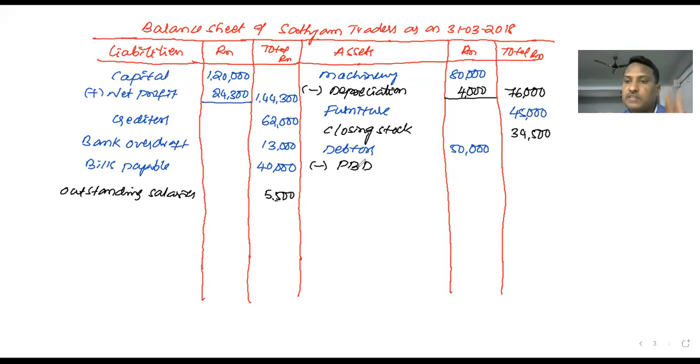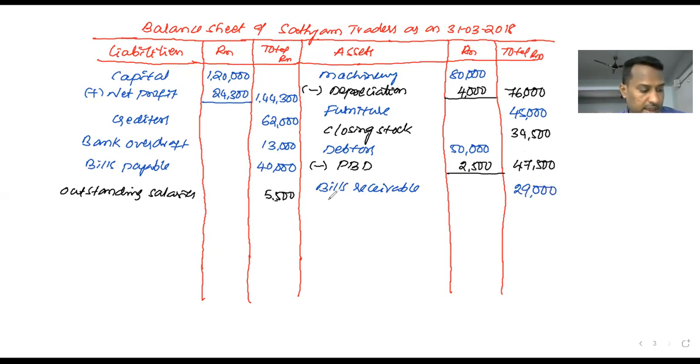PBD means provision for bad debts, which means the doubtful debts. 5% on these debtors. We have already taken 2,500 in the profit and loss account. So remaining 47,500. Next, bills receivable. The amount of the bills receivable is 29,000.